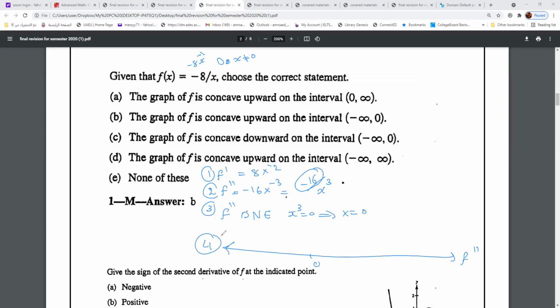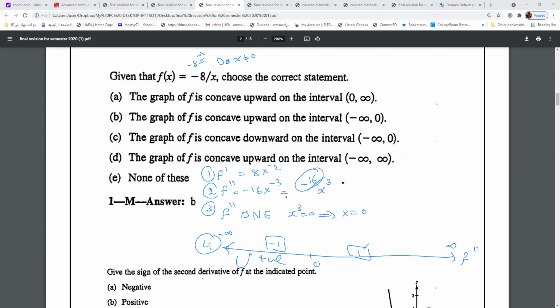I write here 0, then a test value from negative infinity: any value included in this interval, say negative 1. I replace in the second derivative and, as you know, it will be positive. It means concave upward.